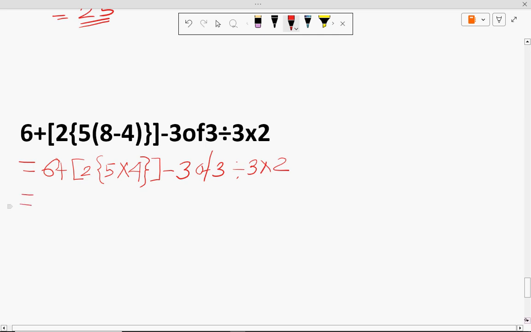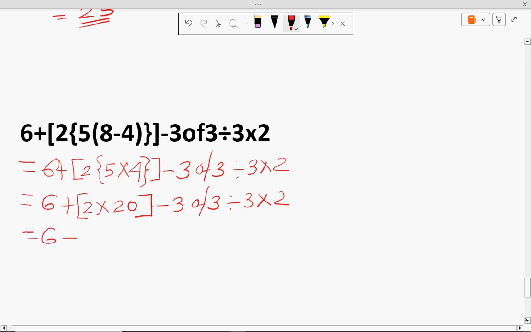Coming to the next step, 6 plus, now I will solve the curly bracket, again multiplication, 5 4s are 20, and then close the big bracket, 3 of 3 divided by 3 into 2, 6.